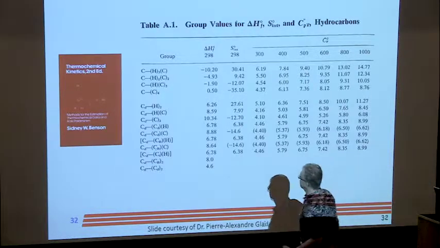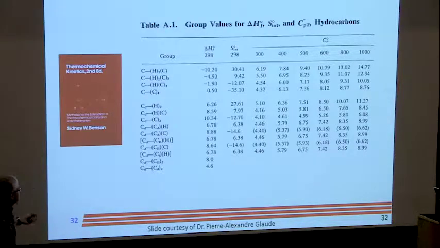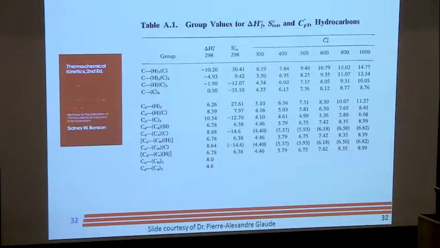You can see here in Sid's table, there are appendices in the back of the book with tables of group contributions. These values are in kilocalories or calories per degree Kelvin per mole, so calorie units rather than joules.